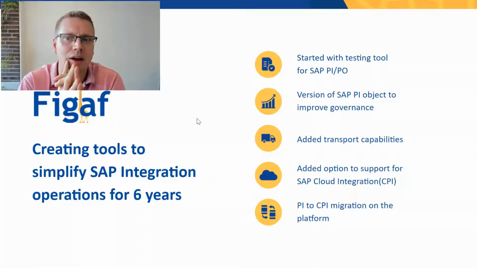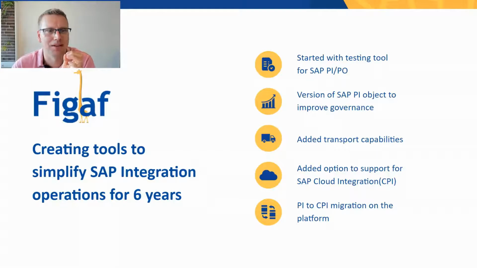So these are the things we want to cover, and we'll start just with FigUp, who we are and what's going on. So we started out creating a tool to automate SAP integrations and testing. Then we found out we needed to know a lot about all the objects that were going on in the PI system. We found we might as well just do versioning of these objects and make it easier to govern things.